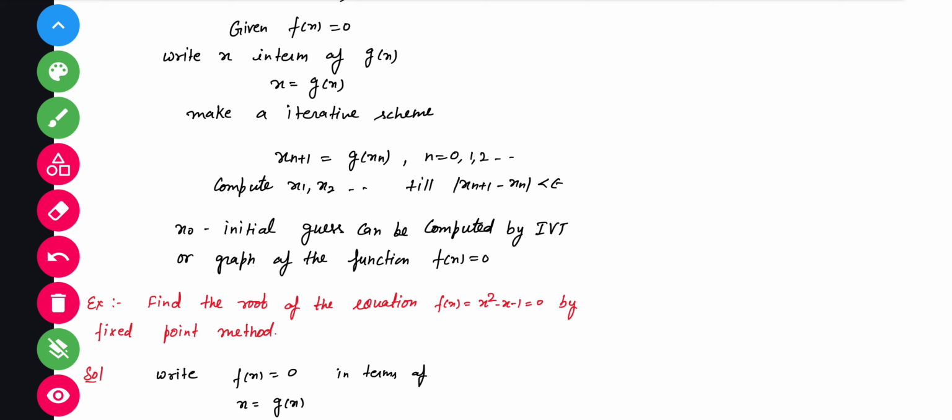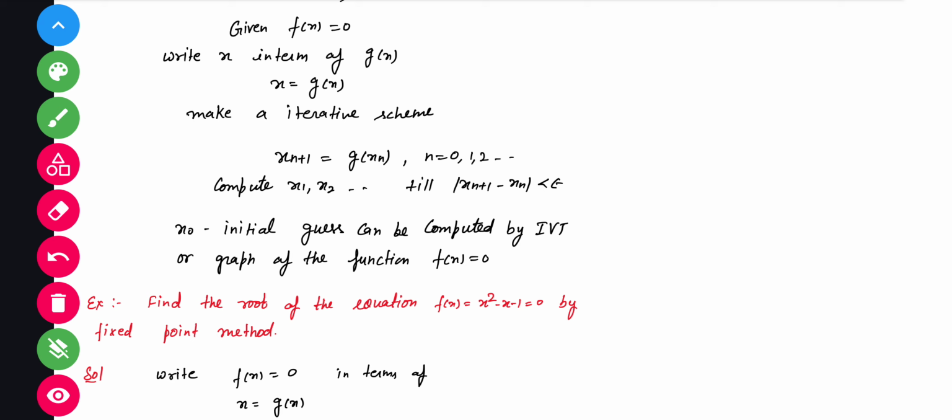Which g of x will converge, and which is the accurate g of x that will give us the fixed point value, so that we can find the root? That is to be checked. Not all the g of x converge, and not all the g of x have a fixed point.